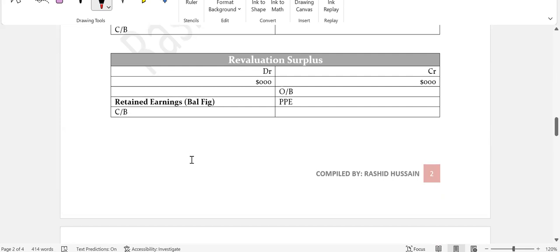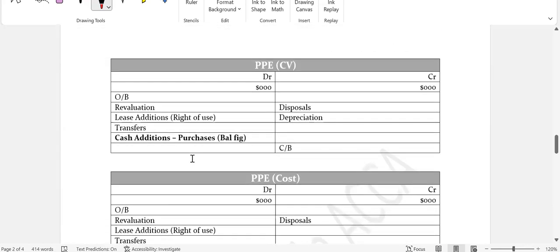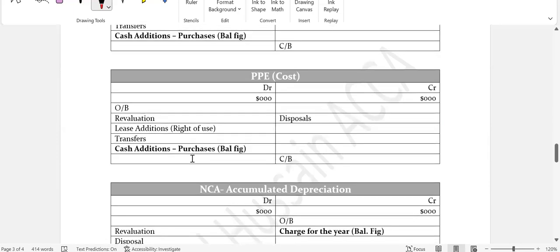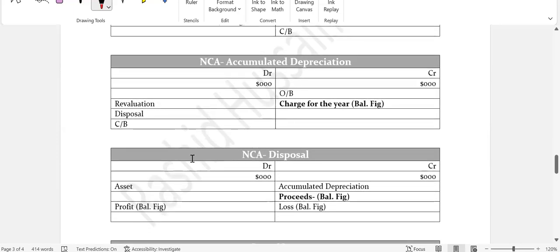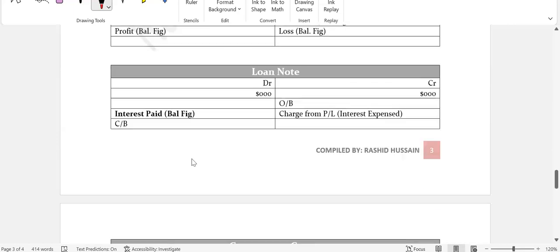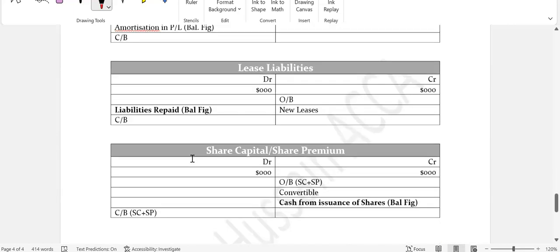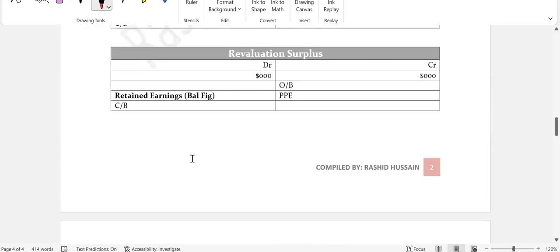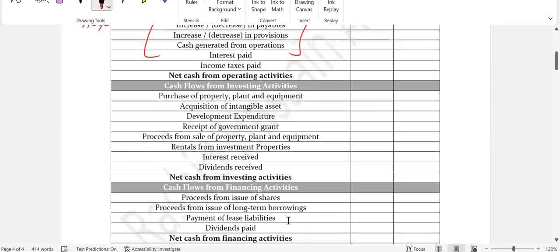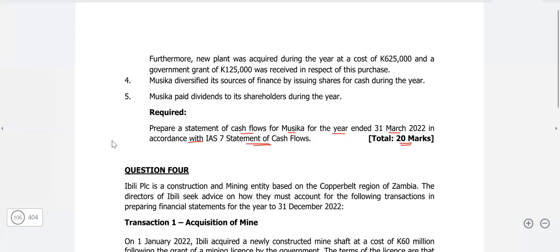Revaluation surplus, if we have transferred any revaluation surplus to the retained earnings. Then we have the property, plant, and equipment carrying values accounts, the accumulated depreciation, non-current asset disposal accounts, loan notes. We talked about the government grants. These things are already explained to you in the revision lecture of the cash flow. Now we are just doing the question.